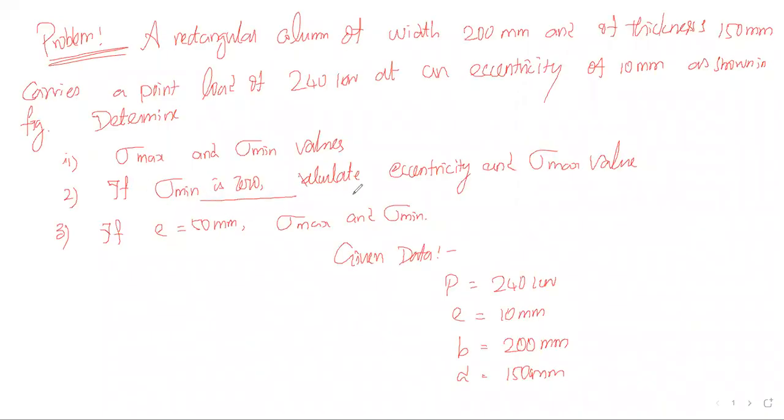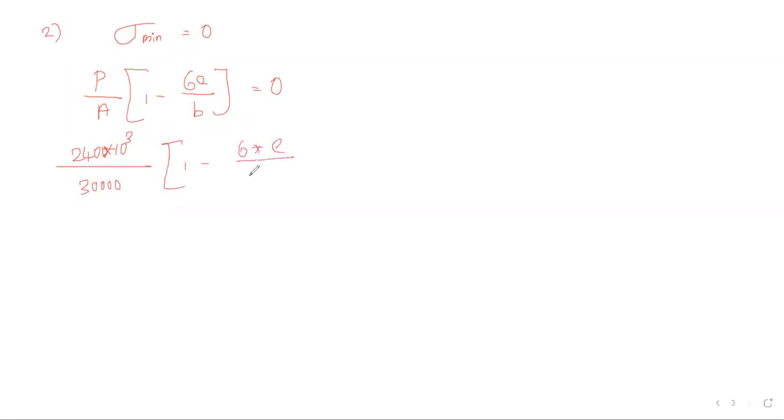Next, we move on to the second question. If sigma minimum is equal to 0, calculate the eccentricity and the sigma max. The formula is P by A into 1 minus 6E by B is equal to 0. So 240 into 10 cube divided by 30,000 into 1 minus 6 into E, with B equal to 200, is equal to 0.